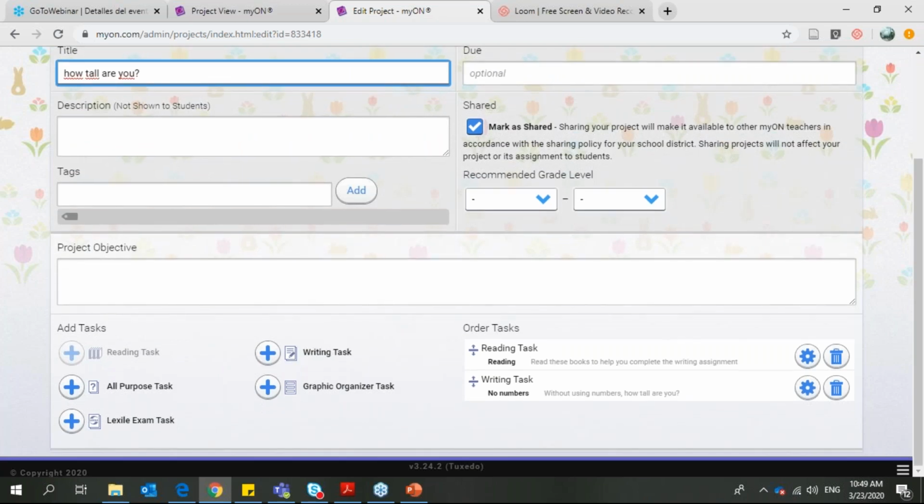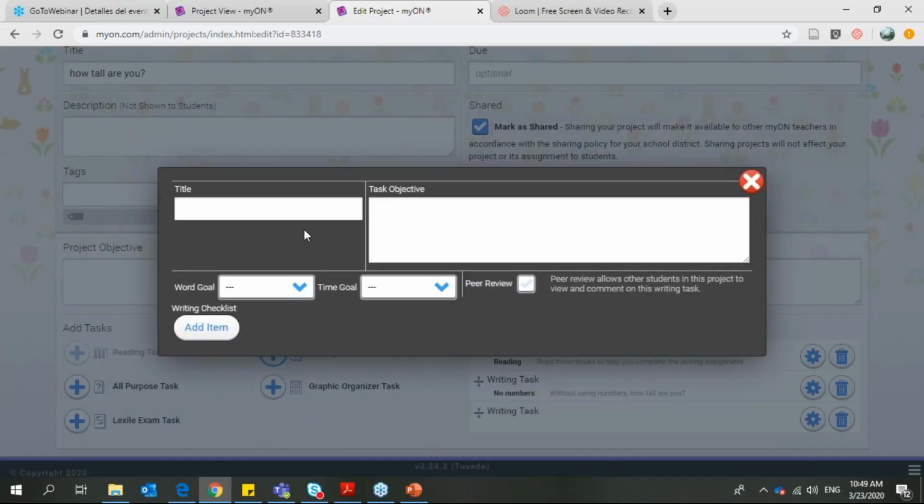Where is that checkbox? It's here when I am using my writing task. I ask them to review their peers. It's this little box that says peer review, okay?